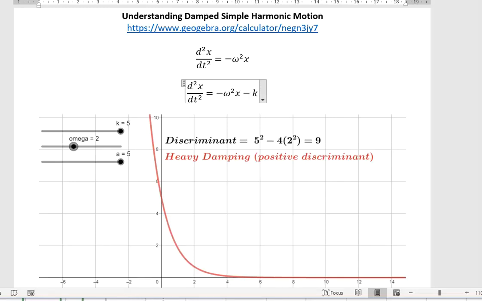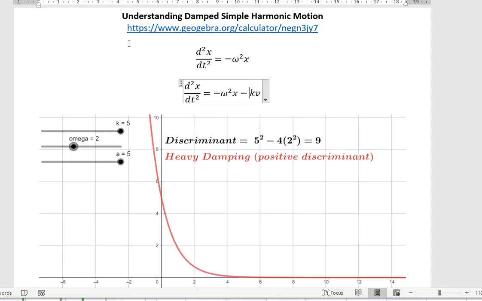And this would be slowing us down in the direction that we're moving. In other words, if you're moving forwards, this force will be acting backwards, and if you're moving backwards, this force will be acting forwards. So unlike the restoring force, which always acts towards the center in terms of displacement, the resistance force will always act in the opposite direction.